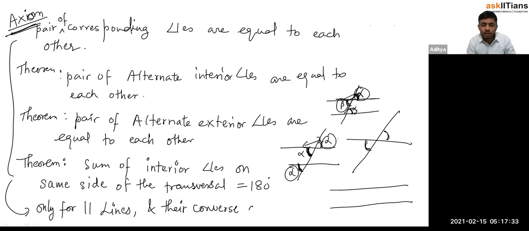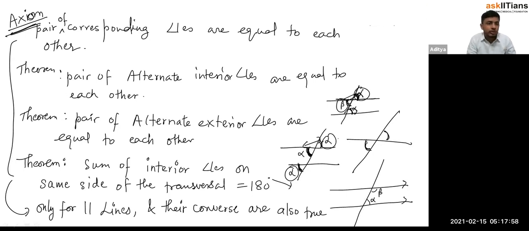We will quickly understand what their converses are, but first let us prove this theorem. Let us say we have these two parallel lines, and let us say we want to prove that alpha and beta, which are basically interior angles on the same side of the transversal, have a sum of 180 degree. How can we do it?